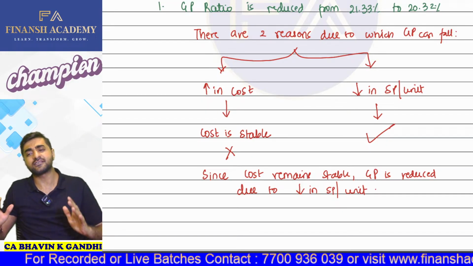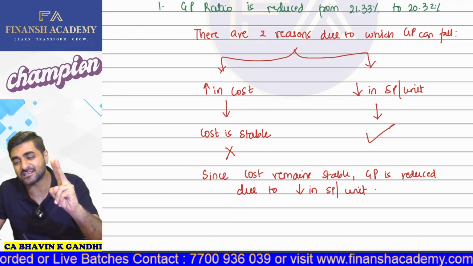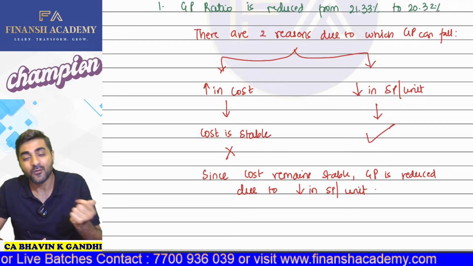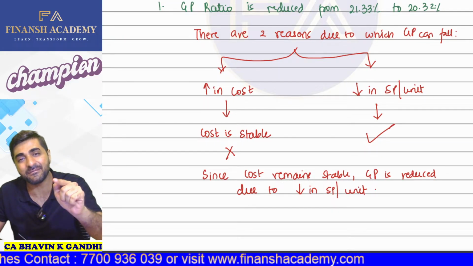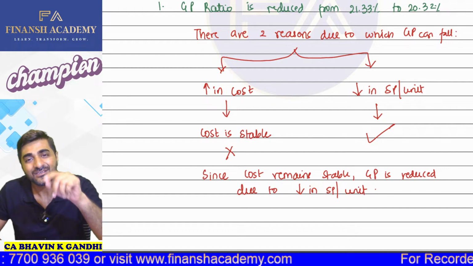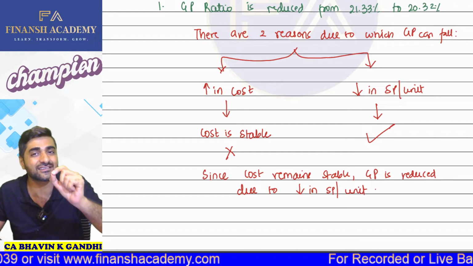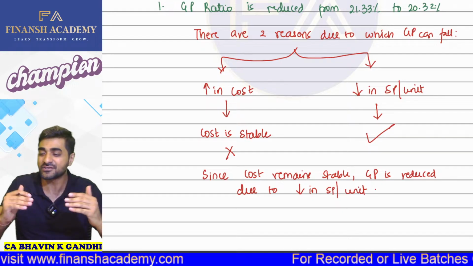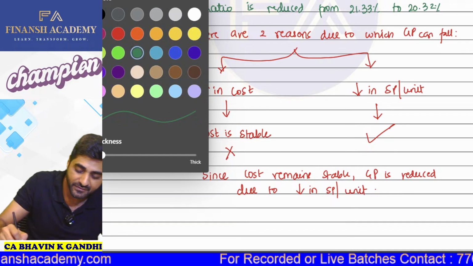So this is going to be the reason. Tell the examiner that you know that there are two reasons because of which your GP can fall. One is increase in cost, second is reduction in selling price. And tell the examiner that you know that in this particular question the cost is stable. So that is why the reason behind reduction in the GP is your reduction in selling price. So this is your first analysis.